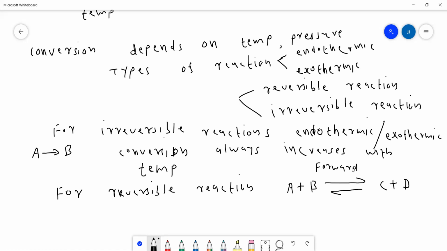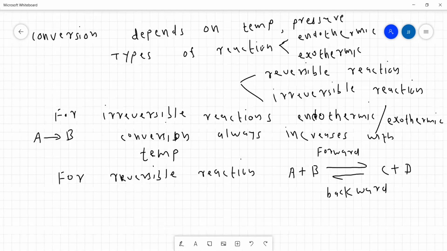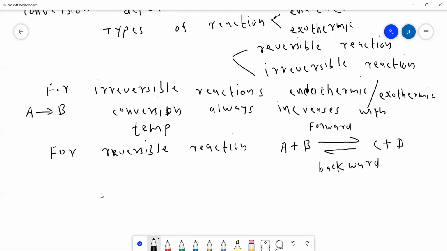During the forward reaction, A will combine with B to produce C and D. And during the backward reaction, C and D will react to give A and B. So here we have a concept of equilibrium conversion.